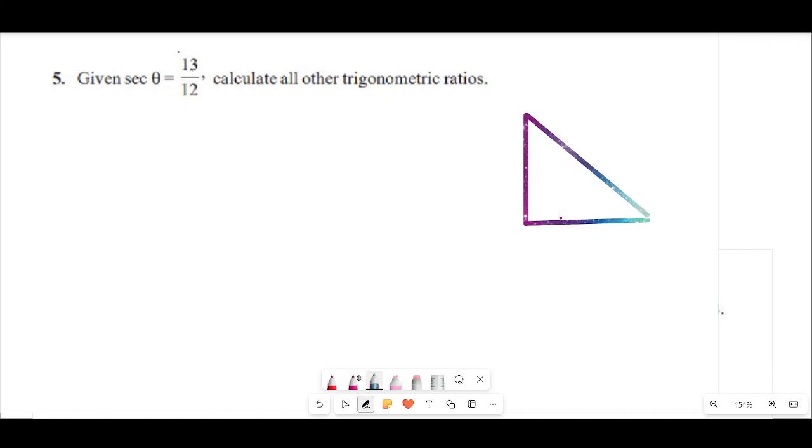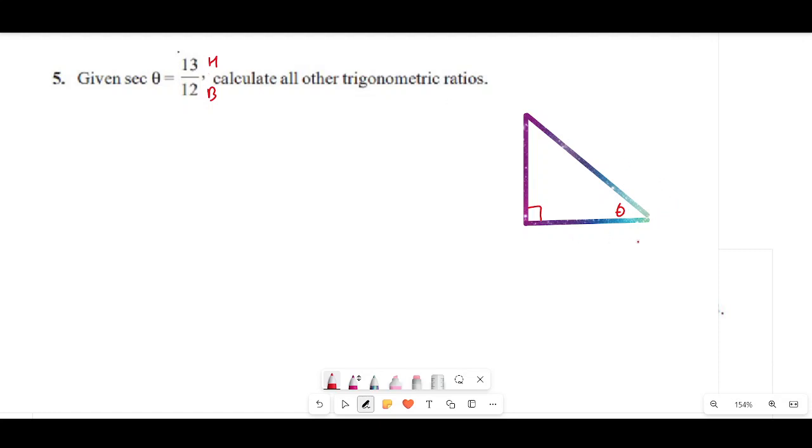Now, this is the triangle. Here this is theta, and sec theta is the reverse of cos theta, which is base by hypotenuse. This is the base, this is the hypotenuse.